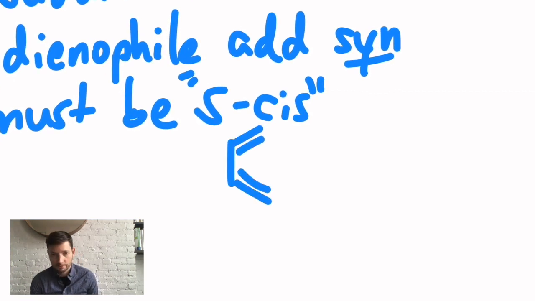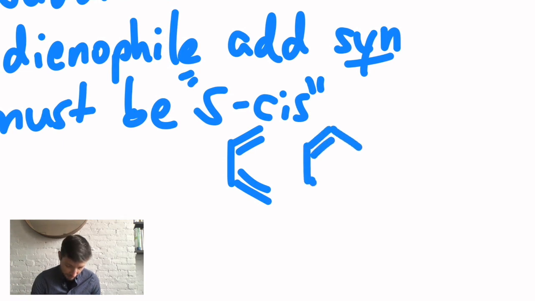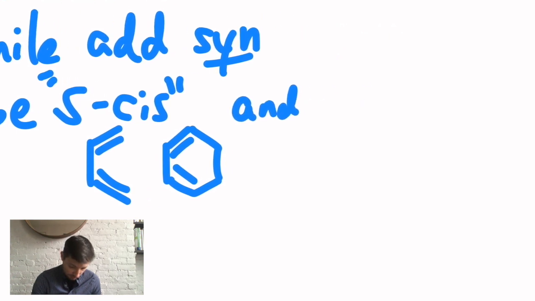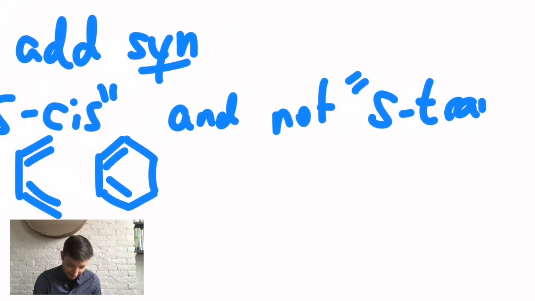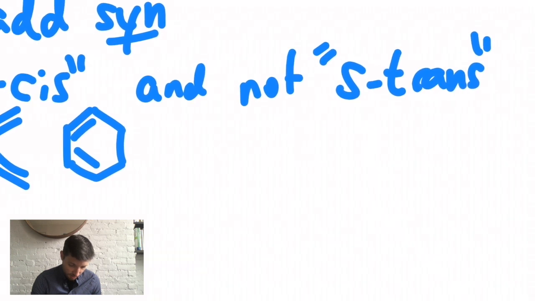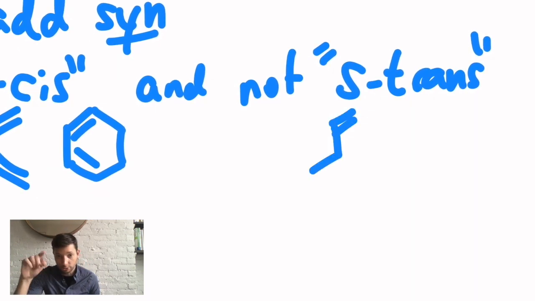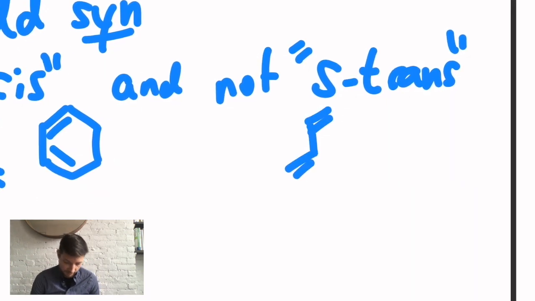So that's an example of an S-cis diene, as is, let's say, a cyclic cyclohexadiene, and not S-trans, which is the name of the other conformation that you could imagine, where the 2 alkenes pointing off of a single bond in between are going in opposite directions.